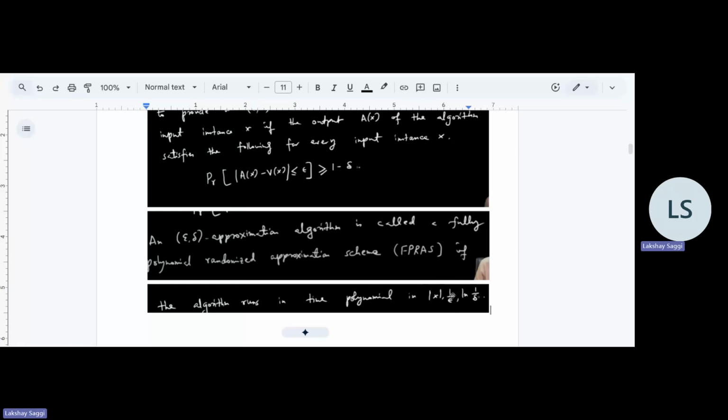So inversely proportional is clear, but why is it just 1 over epsilon, while 1 over delta has a log with it? You can see the lecture videos and the calculations: when we are doing guarantees with high probability, the probability terms will be like e raised to the power log 1 over delta, and so on, and that's why you need to assume log of 1 over delta.